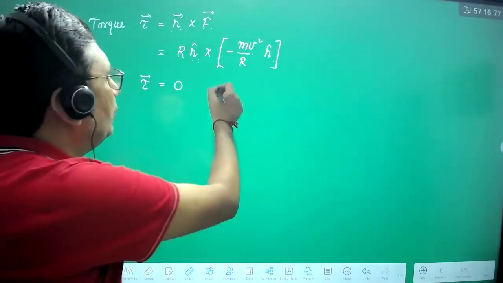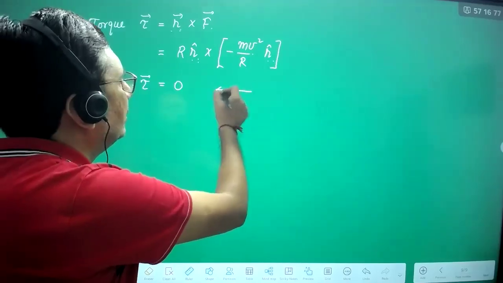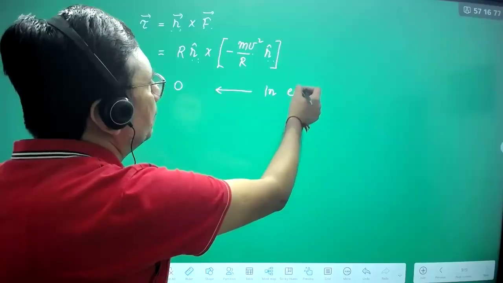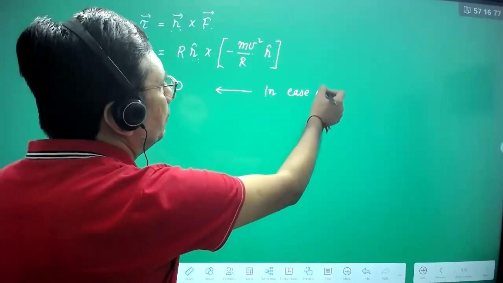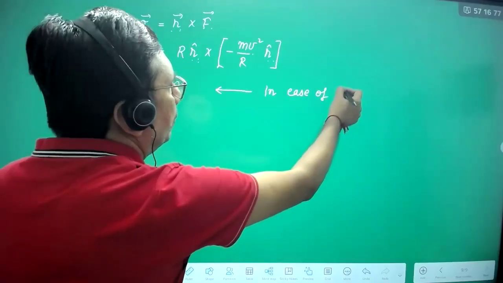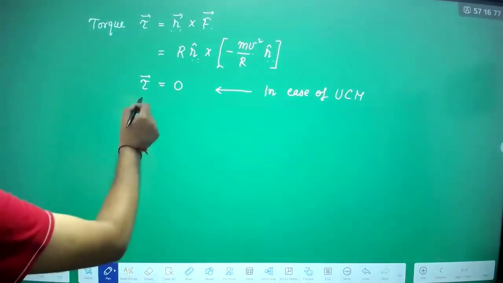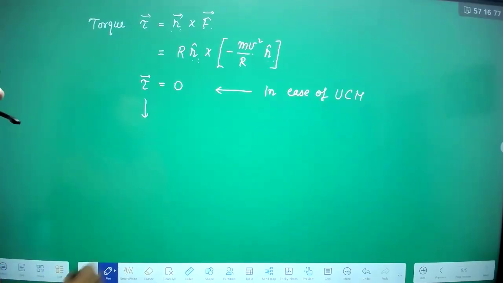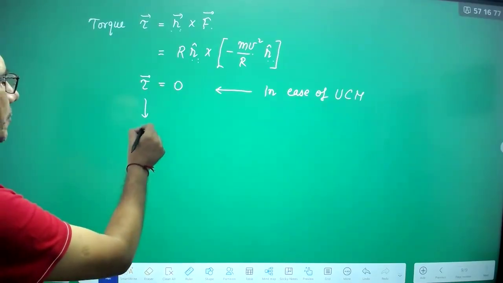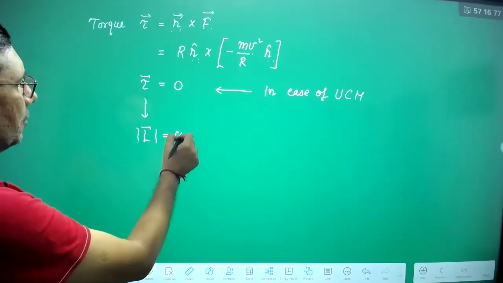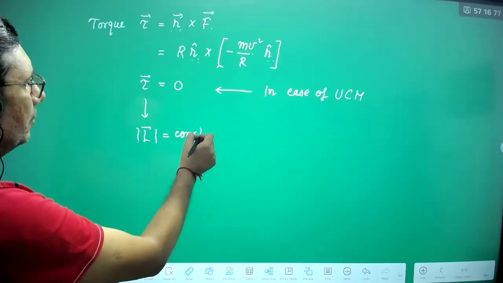In case of uniform circular motion, torque is 0. And if torque is 0, then angular momentum will be constant.